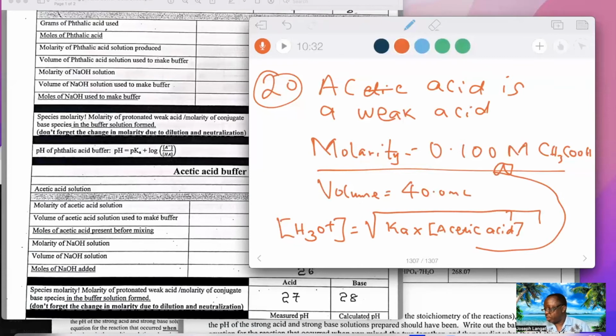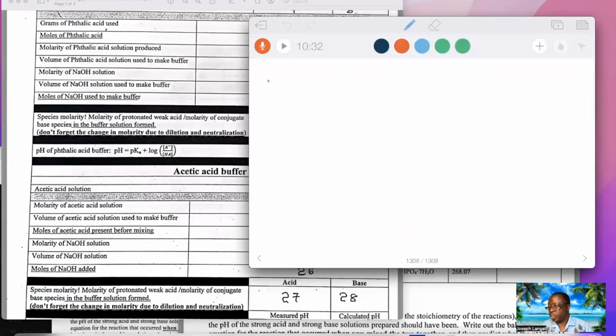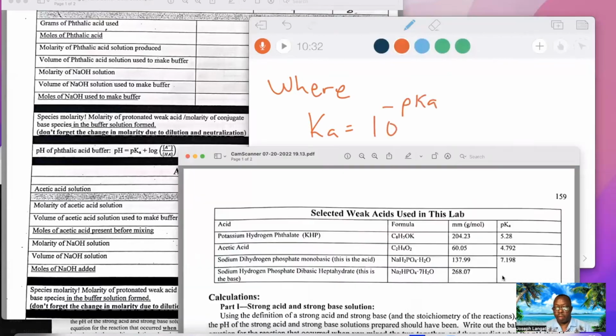Rather, Ka is given by 10 raised to negative pKa value, and you are given the pKa value here for acetic acid, negative 4.792.